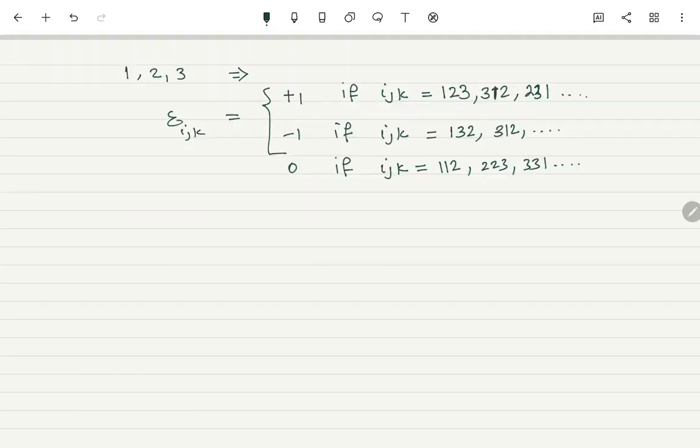A second order determinant is defined as D equal to A11, A12, A21, A22. Remember, A11 means first row, first column, A21 means second row, first column, and this one here means second row, second column.